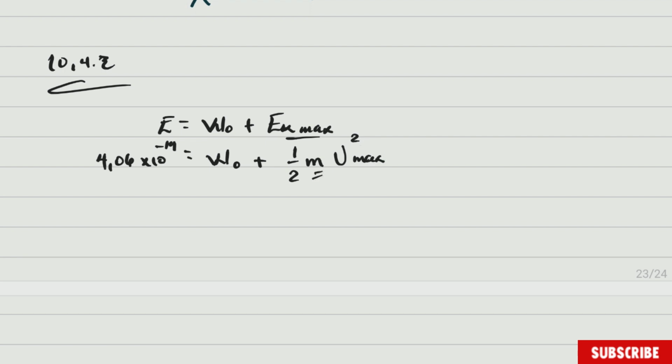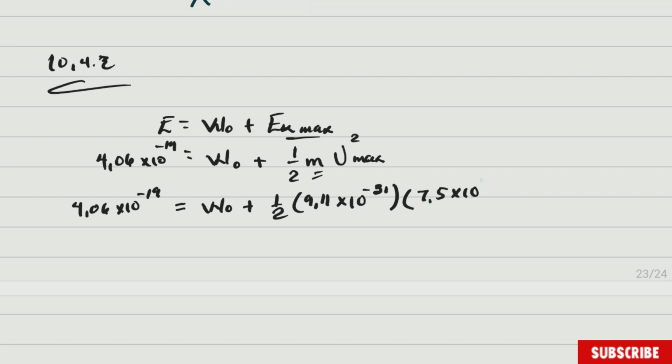So when we substitute everything here, now we get 4,06 times 10 to the minus 19 is equal to work function plus half mass of the electron, which we know it is in the table of constants, 9,11 times 10 to the minus 31 multiplied by the speed, which is given in the table I just showed you, 7,5 times 10 to the 5, and this is to the power 2 because it's the maximum speed in this case.